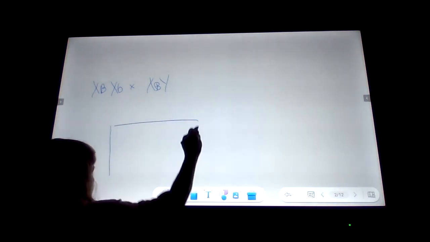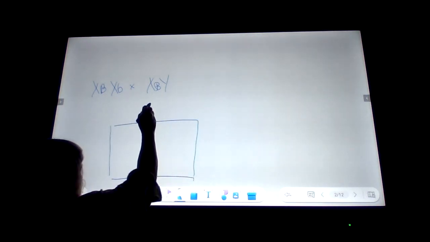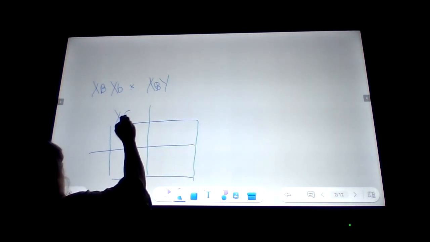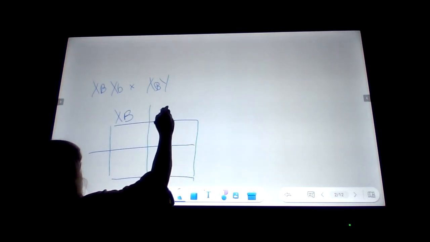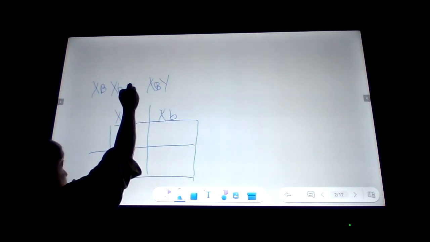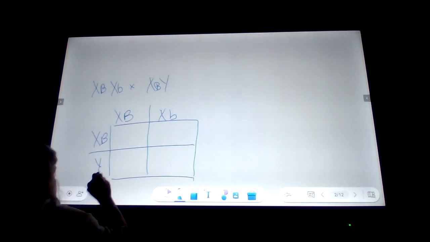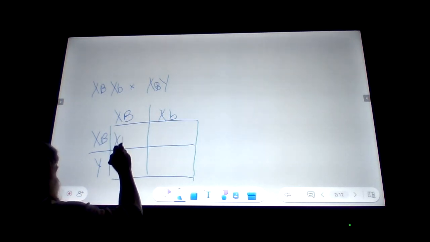Do the Punnett square. Separate my alleles. Carry everything down.